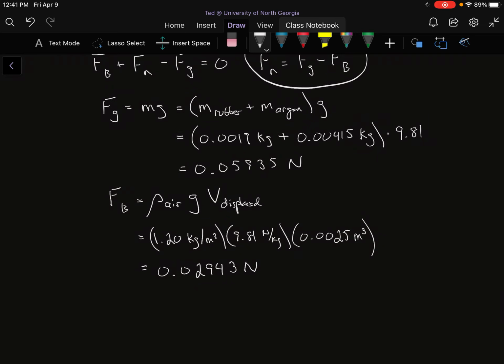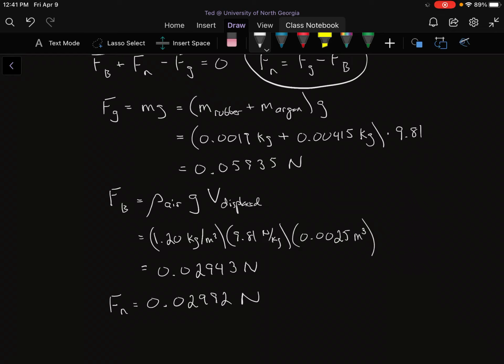So minus 0.0593. So I get that the normal force is equal to 0.02992 newtons.